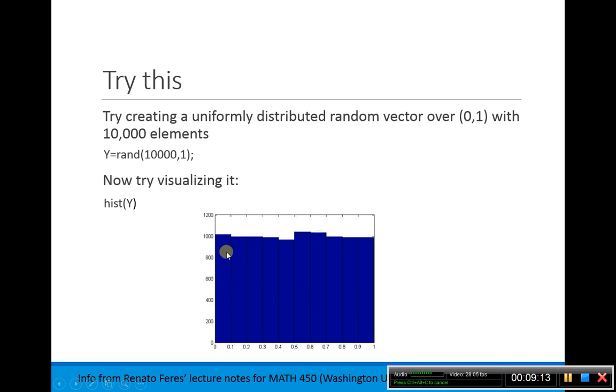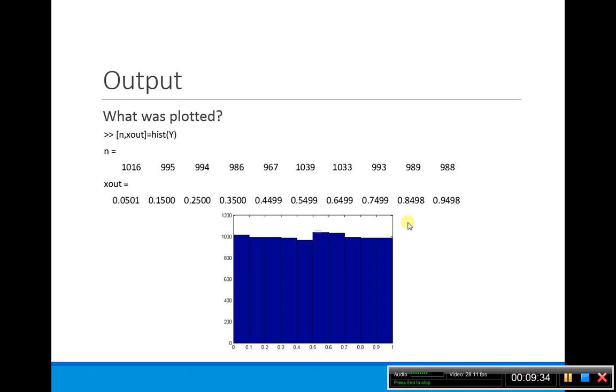In this bin, I have a little over 1,000 elements. In this one, out of the 10,000 elements, I have slightly, well, maybe it's right at 1,000, etc. So this really does look kind of like a uniform distribution, right? Which it should, because we're drawing from a uniform distribution. If it doesn't look like a uniform distribution, you probably have done something wrong.